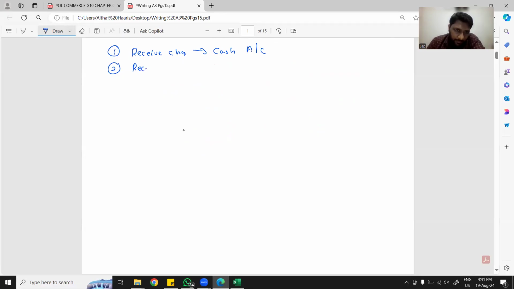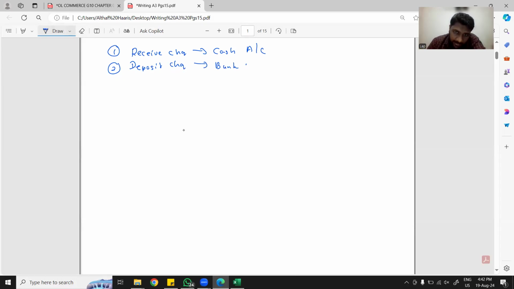Received, and deposited. Once we deposit the check, we will write it in the bank account. So these are certain key things that we studied in this particular question.